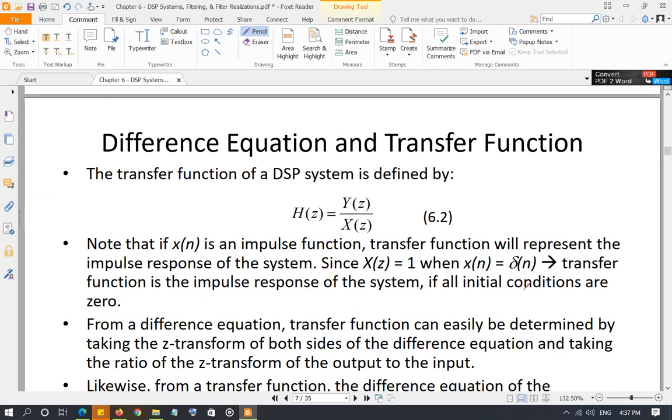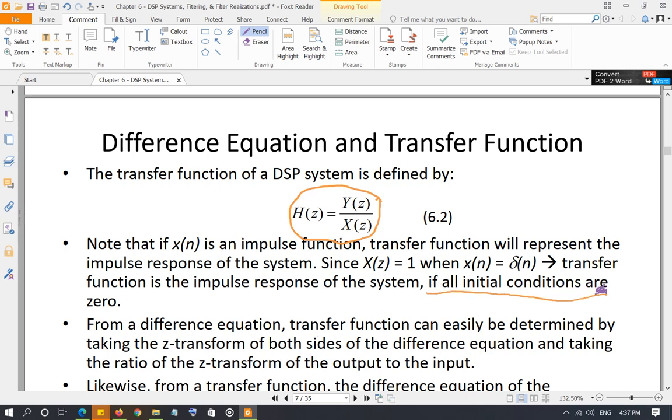Okay, so the difference equation and the transfer function. We know that the transfer function is the ratio between the output and the input in the z domain, right? And if x of n is an impulse function, then H of z is going to be the impulse response, which is the same as the transfer function, right? When X of z is 1, then x of n is an impulse function, and the transfer function is the impulse response of the system if all the initial conditions are 0.